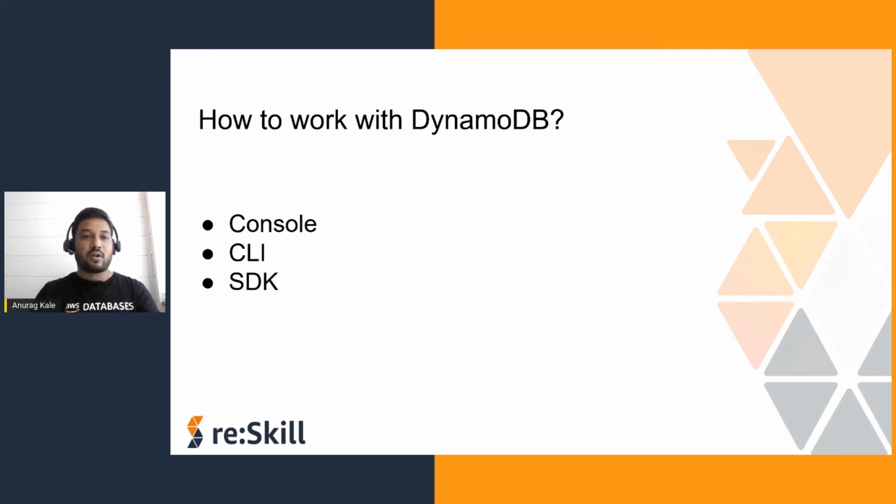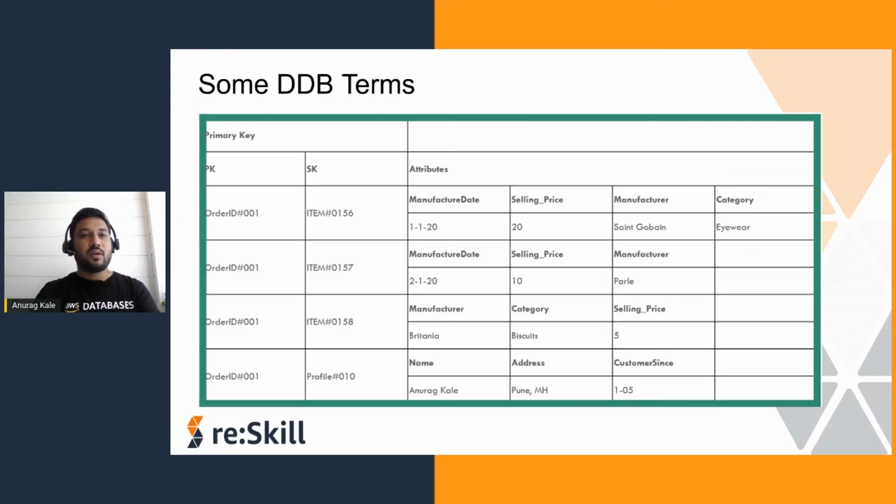And for programmatic access, when you want to interact with DynamoDB from your programs and applications, you use the SDK for the appropriate language. In general, DynamoDB SDKs are available for most famous languages like Python, Java, .NET, C#, and so on.